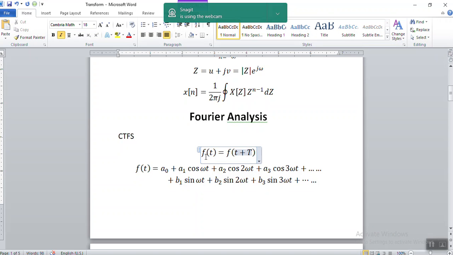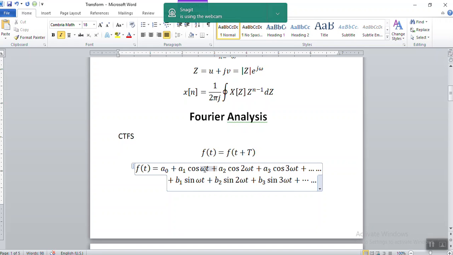So, once the signal is periodic and also follows the four Dirichlet conditions, then as per J.B.J. Fourier, it can be represented as a summation of an infinite number of sinusoids with harmonically related frequencies. That means f of t is equal to a naught plus a1 cos of omega t, a2 cos of twice omega t, a3 cos of thrice omega t, like that, plus b1 sin of omega t, b2 sin of twice omega t, like that.